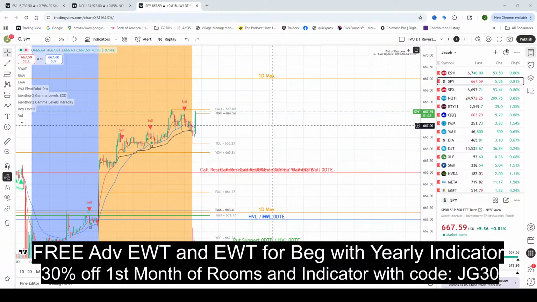The issue here is the NASDAQ. It is lagging the ES. The ES is ready for a buy. The NASDAQ is not because the NASDAQ was very weak at the open.